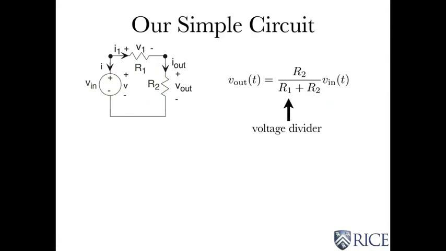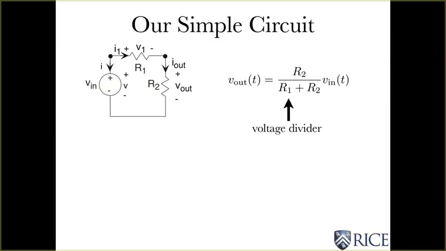And this, as I pointed out last time, is called a voltage divider. And that applies anytime you have a series combination of resistors and you apply a voltage across them. The voltage across one of them is that resistance divided by the sum of the resistances. That's a rule that you can use to simplify your life.